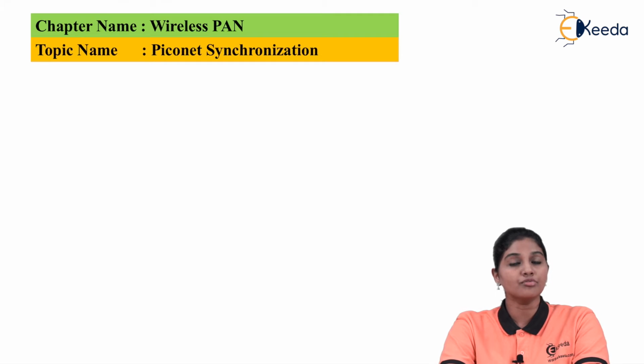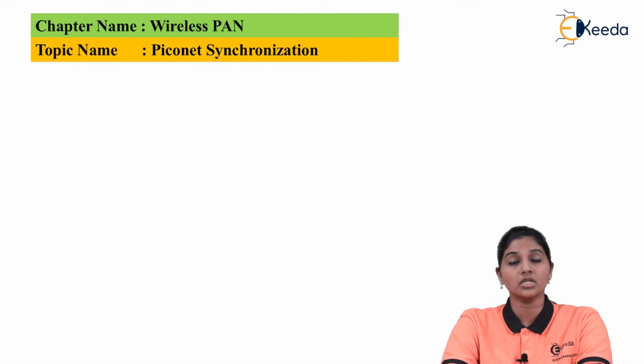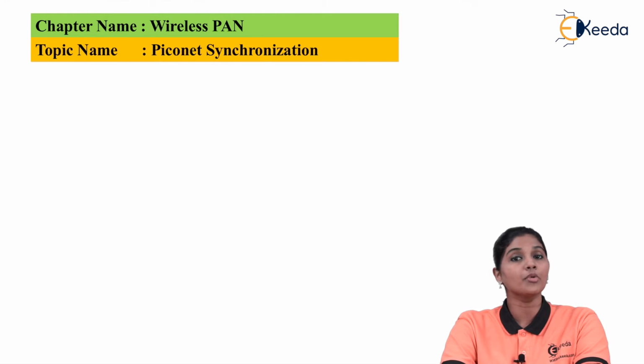Now, a Piconet is formed when two or more devices communicate with each other. In this video, we are going to talk about the Piconet synchronization. That means how the operation of the Piconet is synchronized so that proper communication can take place. So let's start.